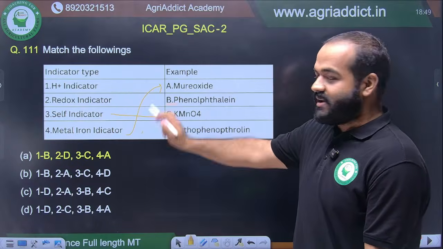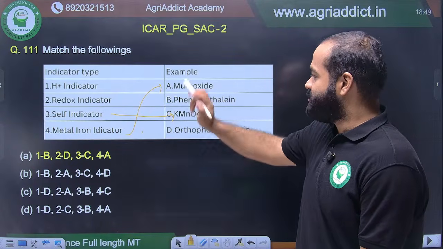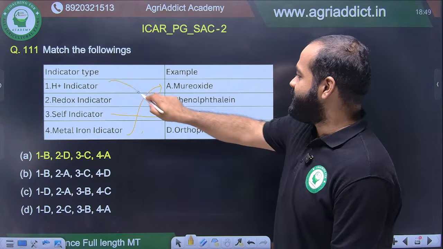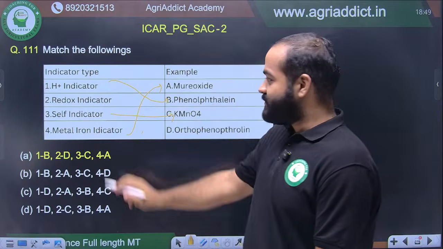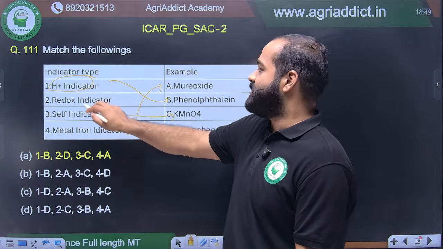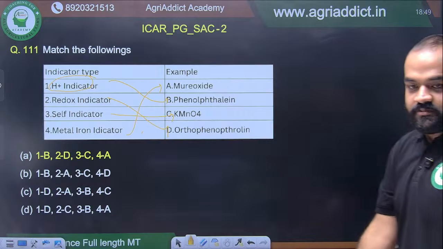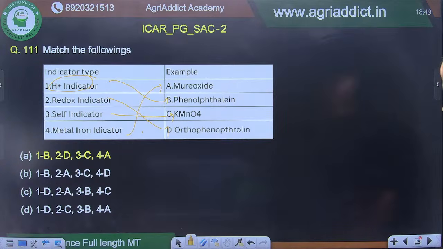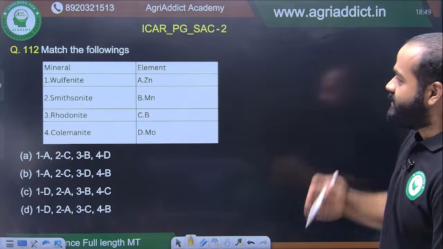So metal ion indicator is murexide. Then H plus indicator is phenolphthalein, we have been doing this since class 11, right? This is the acid base indicator phenolphthalein, and redox indicator is orthophenanthroline. Very nice. Moving on.